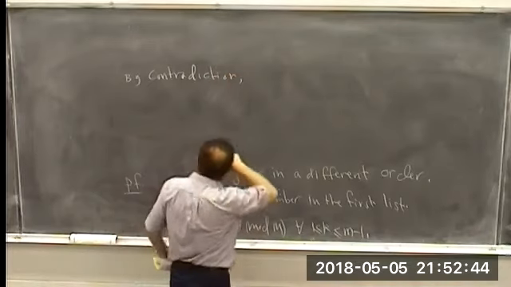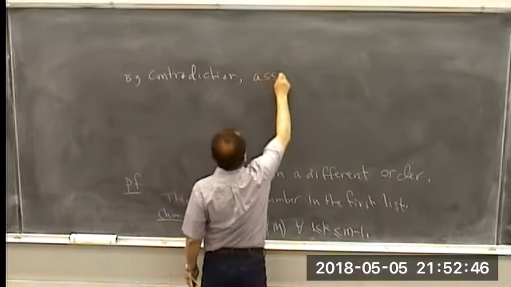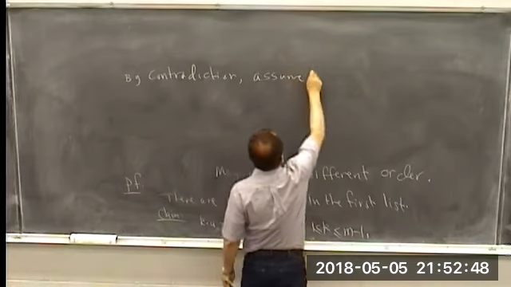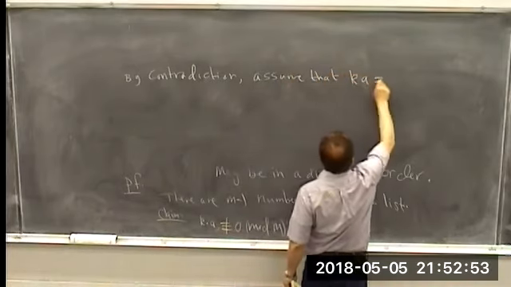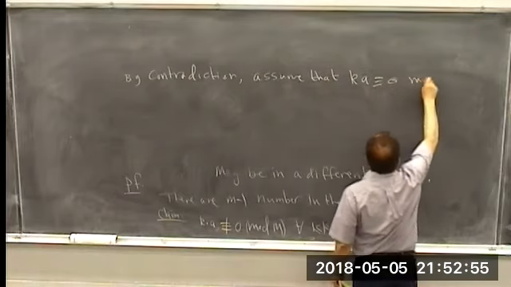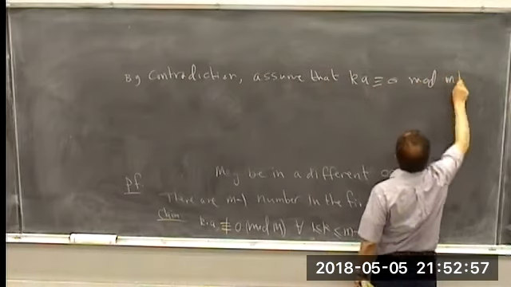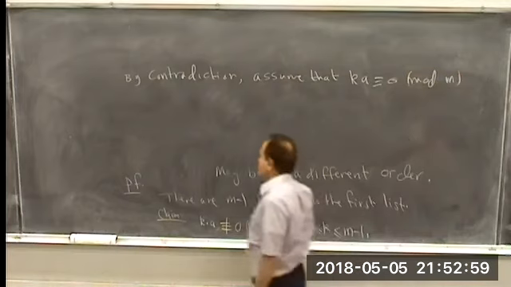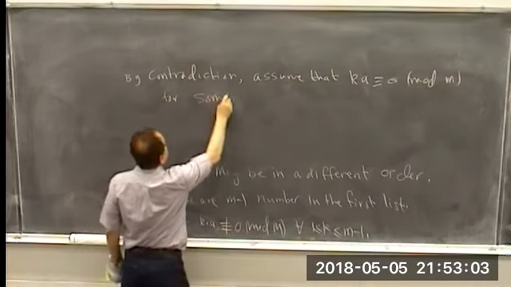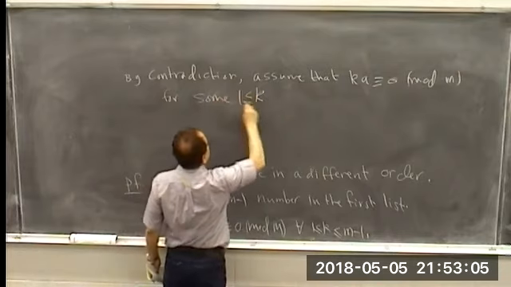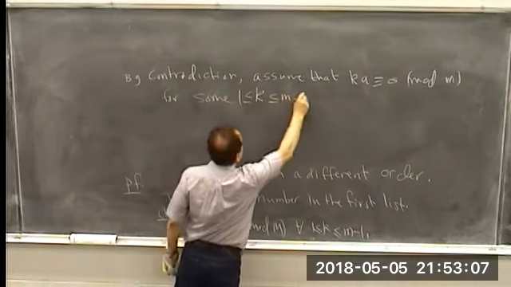So let's assume that kA is congruent to 0 mod m for some k between 1 and m minus 1.